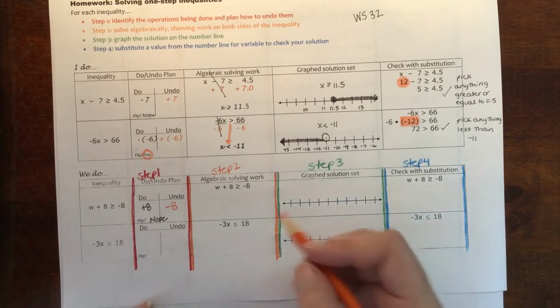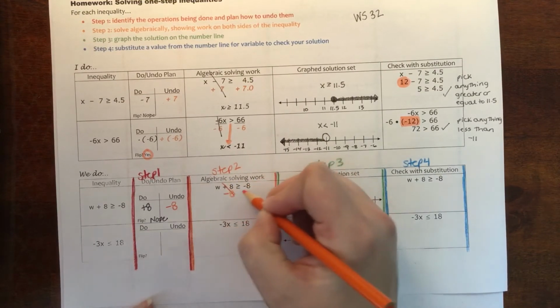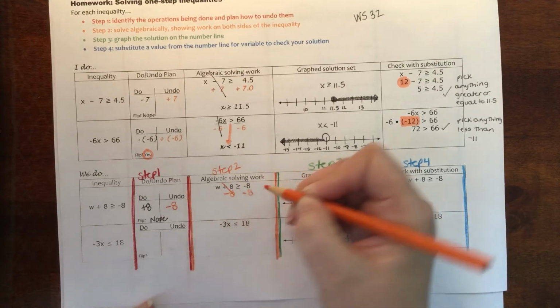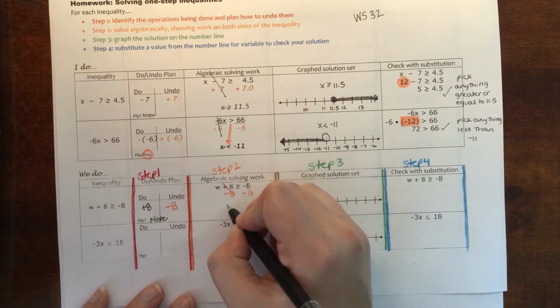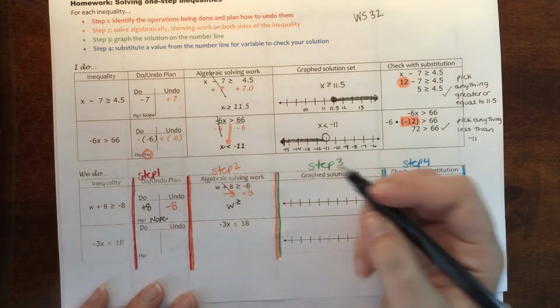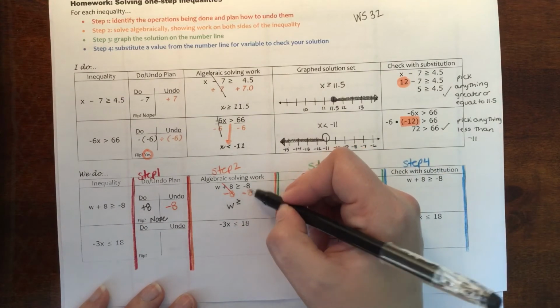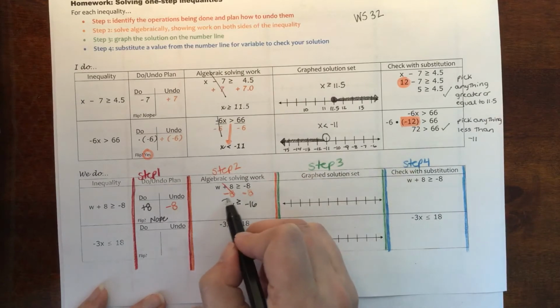Then I will do step 2 and show my solving work of -8 and -8 on both sides. W is now isolated. -8 minus 8 is -16.